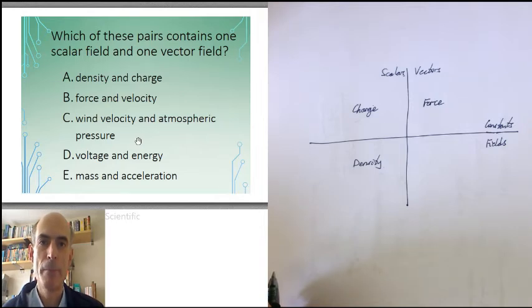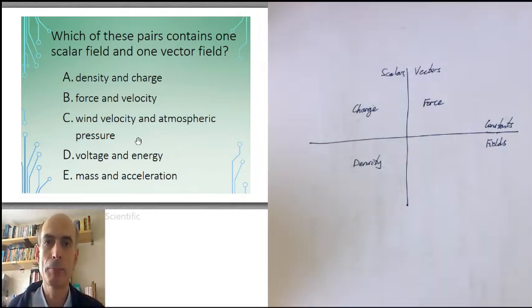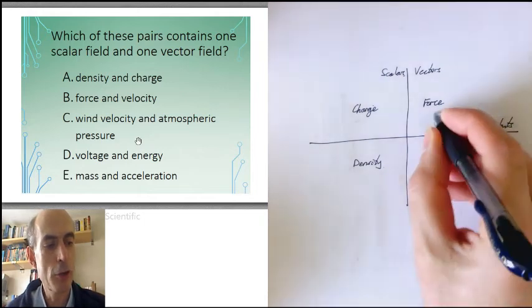Velocity. Velocity is a vector because velocity has a particular direction, the direction in which you're going. But again, if you're just told that the velocity is 2 meters per second, that's not a function of where you are. So I would put velocity up here as well.